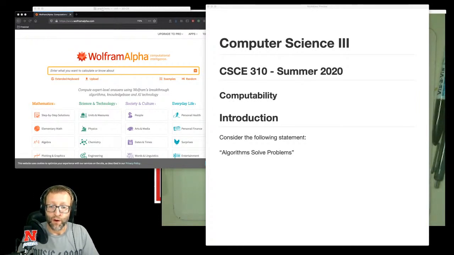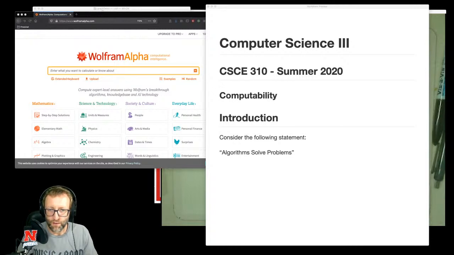What does this mean, though, right? Algorithms solve problems. I mean, that's not a very controversial statement. If anybody has read an algorithm or written an algorithm to solve a problem, they know, well, yeah, that's pretty straightforward. But to even talk about that, we need a much more rigorous formal basis. What are algorithms?